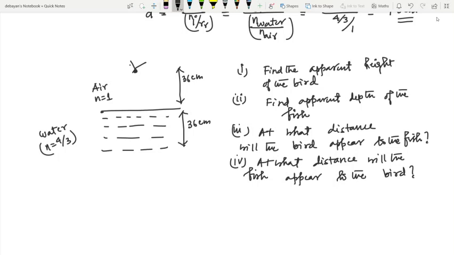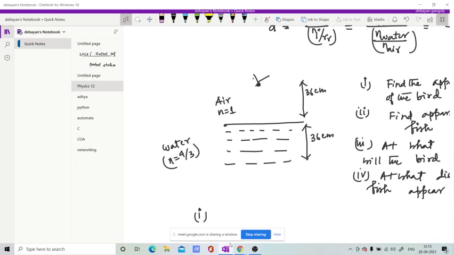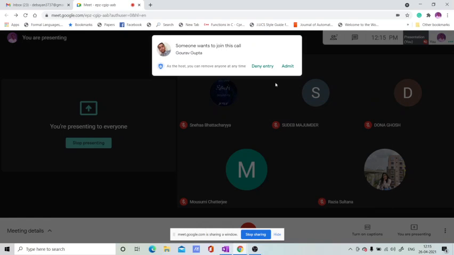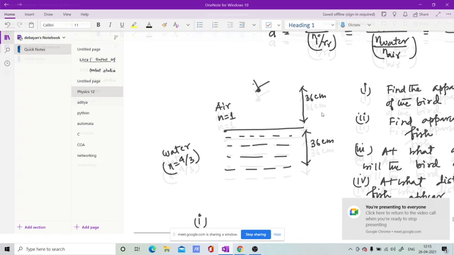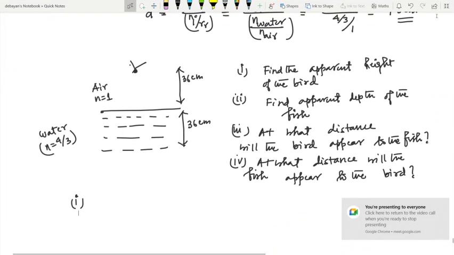Okay. So that apparent depth, rarer to denser, so 36 by 4/3. Sir, the first one comes 48, the second one comes 27.